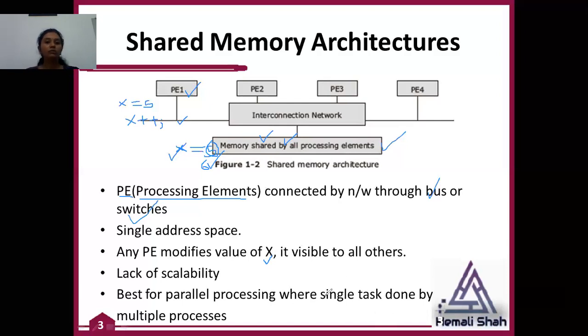Now think about the scalability. Your distributed system must be scalable. Scalable means if you want to extend your existing system, then your system should be able to accept the extended elements.